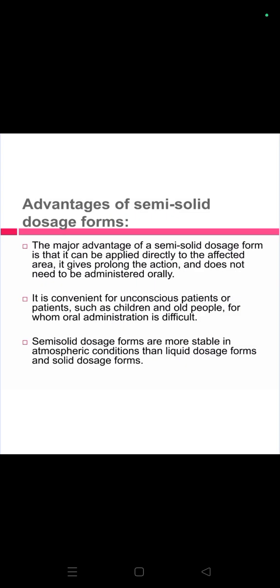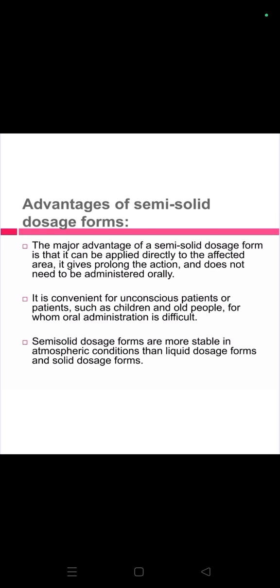Then advantages of semi-solid dosage forms. The major advantage of a semi-solid dosage form is that it can be applied directly to the affected area. It gives prolonged action and does not need to be administered orally. It is convenient for unconscious patients or patients such as children and old people for whom oral administration is difficult.